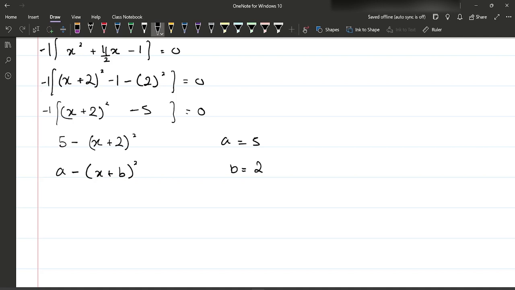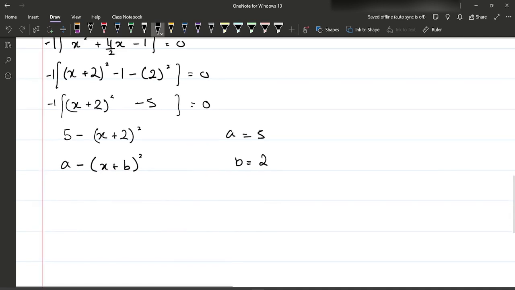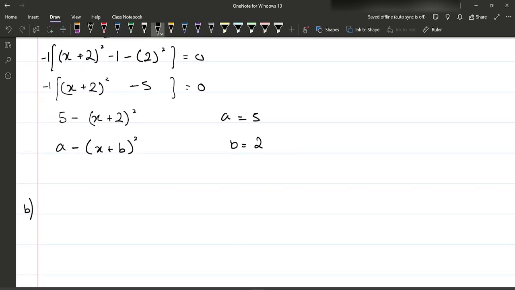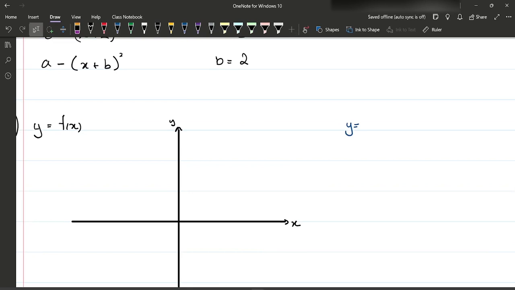Okay, it's just that. Okay, next, part B says sketch f of x, 1 minus 4x minus x squared. So rewriting this equation, I know that it's going to be a maximum because this is negative.